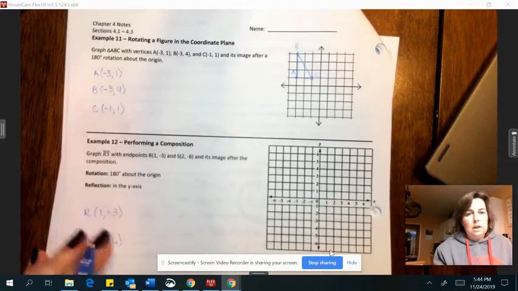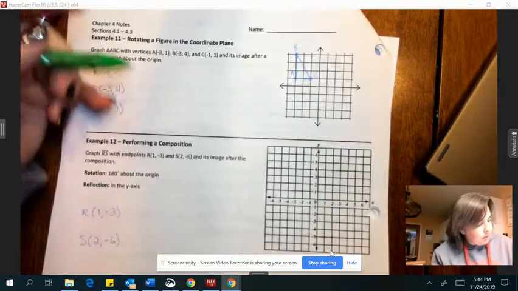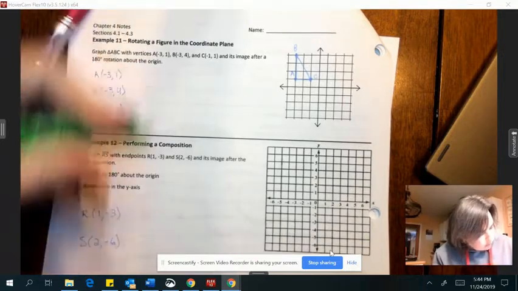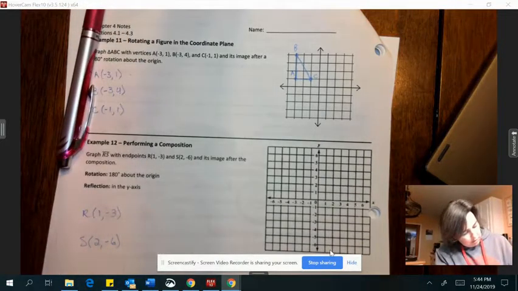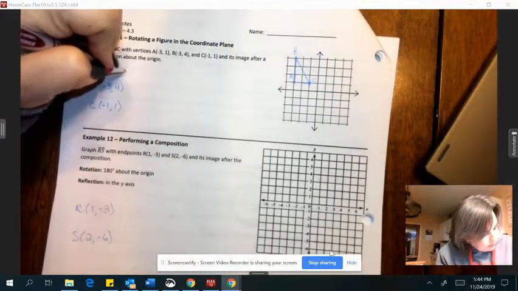Okay, so now we're going to do a 180-degree rotation. Am I out of red? Apparently I'm out of red. I'll do pink then.